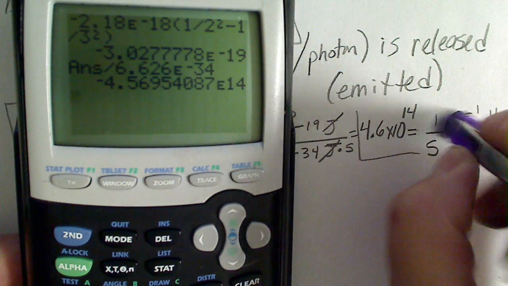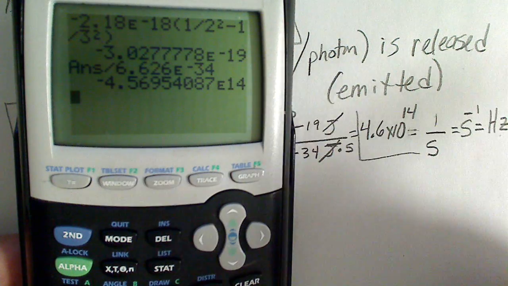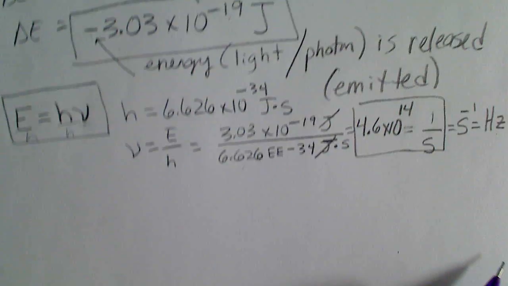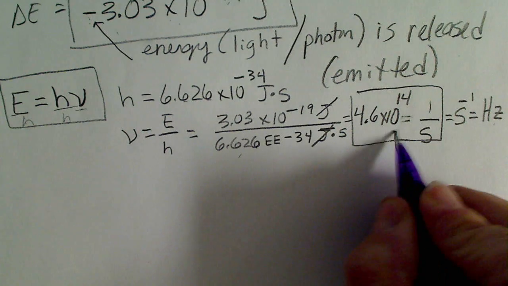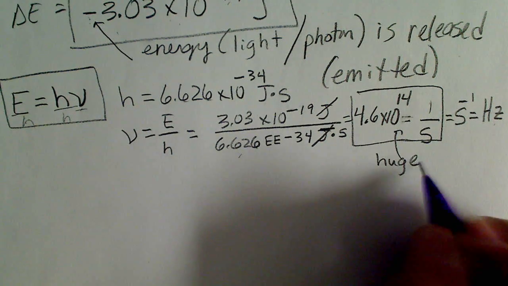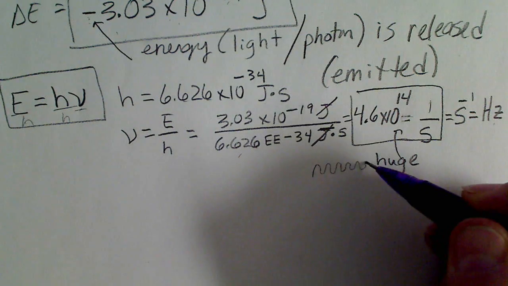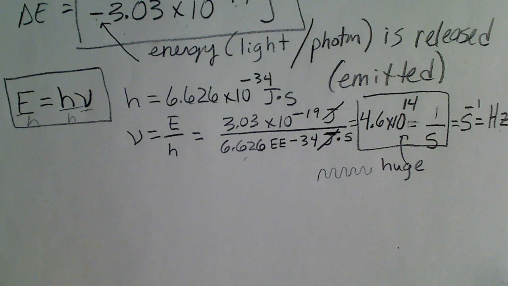And then that unit would be a per second unit. So frequencies are huge. And that is how many times that wave oscillates back and forth per second.